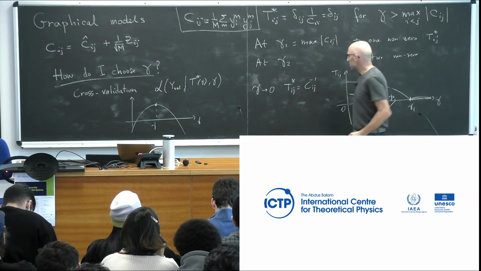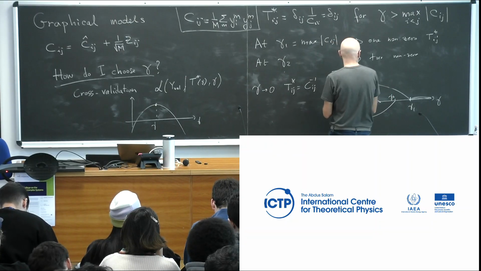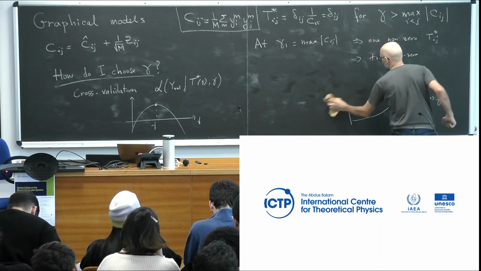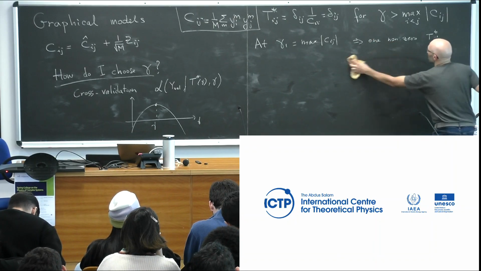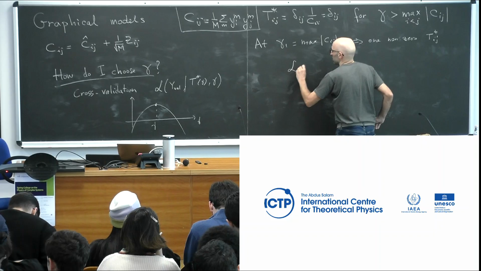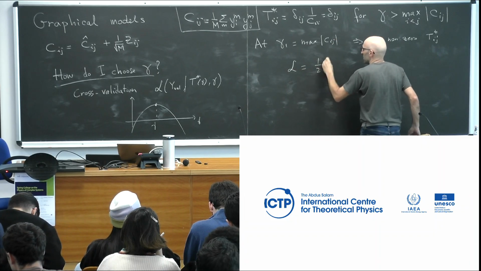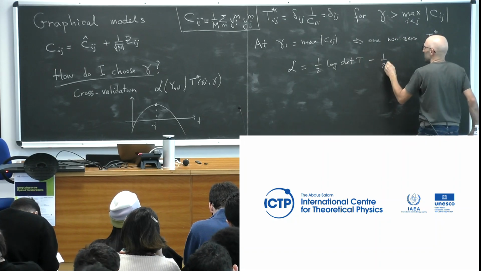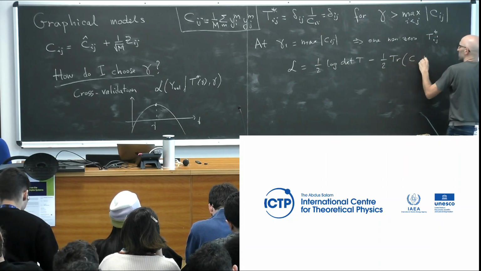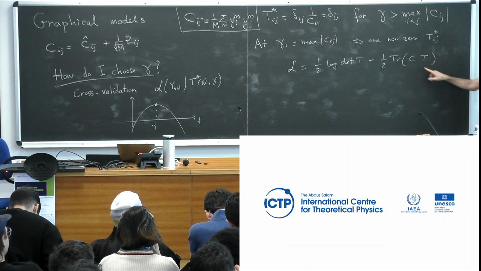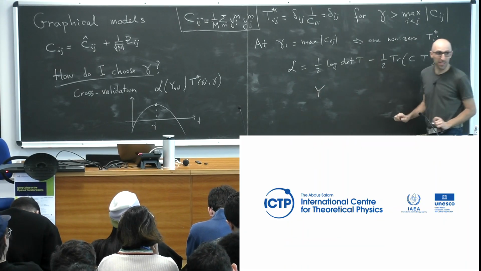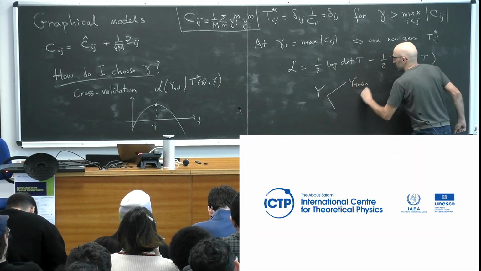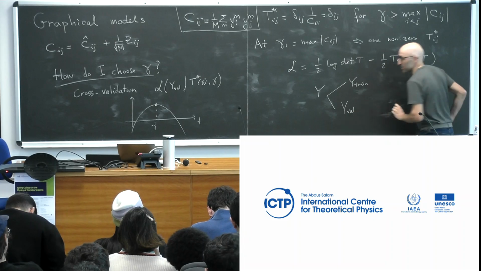In this case? Yes, so what you can do, so the likelihood here is 1/2 log det of t minus 1/2 trace of C times t. Okay? So what you can do is you take your data, y, and you split your data into a training set and a validation set. Okay?